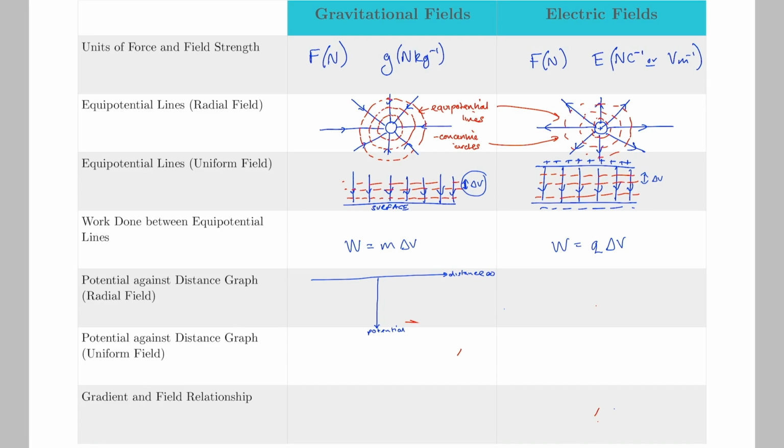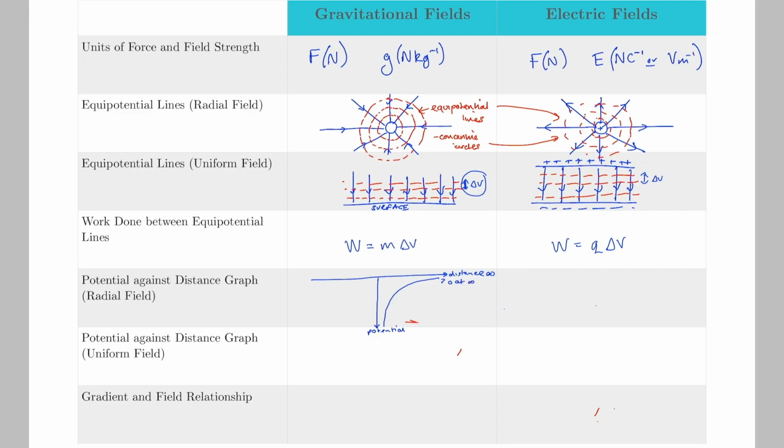So the potential at infinity is 0, and it's actually negative the closer you get to the surface of the mass. So your gravitational potential graph against distance is going to look like this, and it goes towards 0 at infinity. So 0 at infinity.